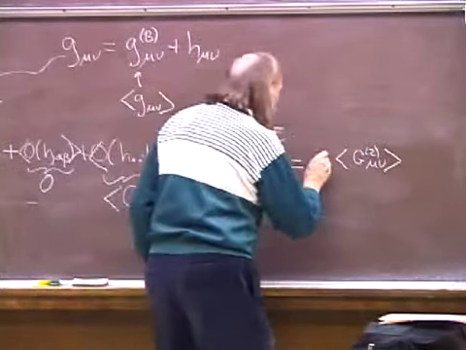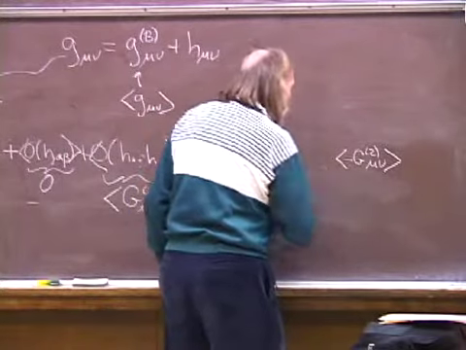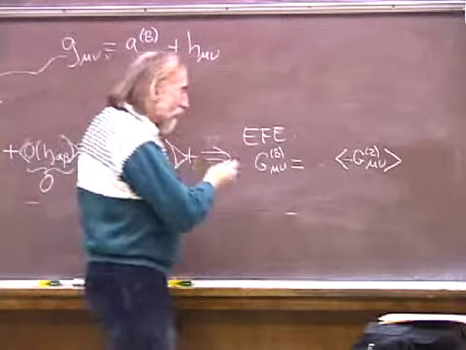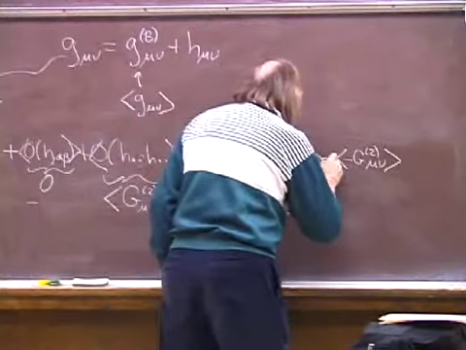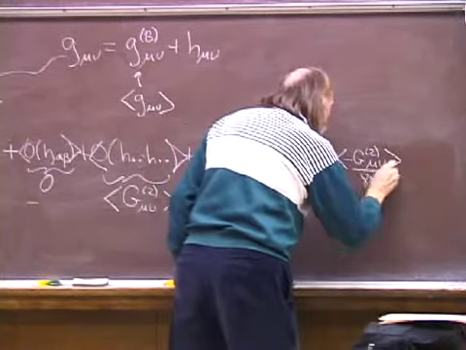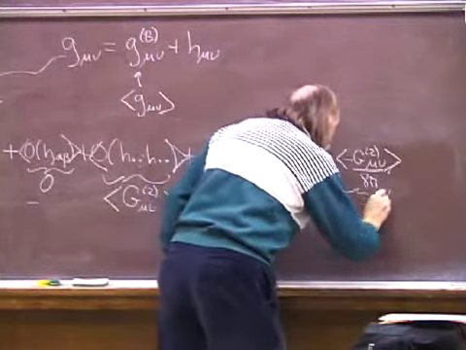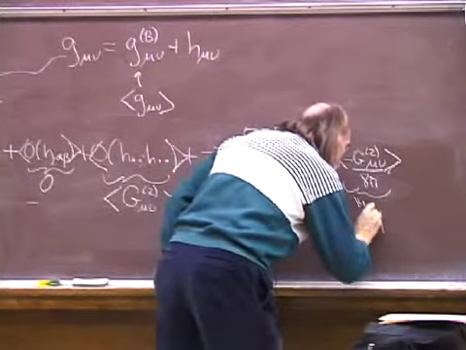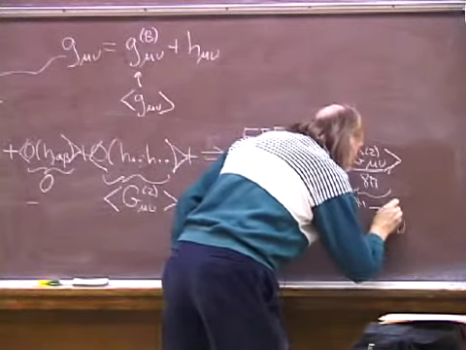And I'm going to put the minus sign inside of the averaging. I'm now going to multiply by 8 pi and divide by 8 pi. And I'm now going to define this to be the gravitational wave stress energy tensor.